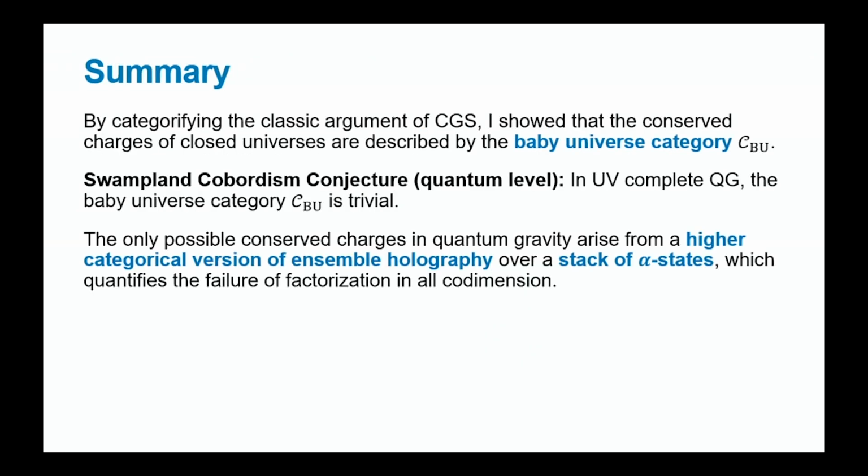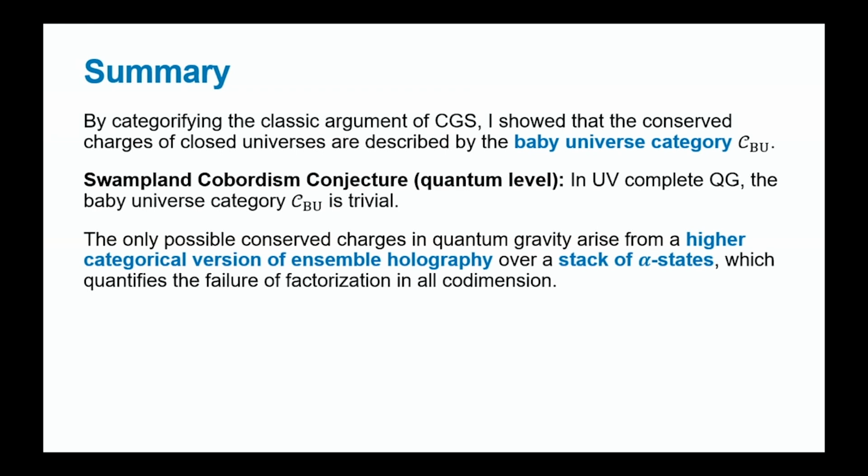Okay. So let me summarize what I've done. I have categorified this classic argument of Coleman, Giddings, and Strominger. And I constructed a d-category, which gives a complete description of the conserved charges of closed universe states of all form degree at a quantum level, not at the level of just classical configurations, but of wave functions.